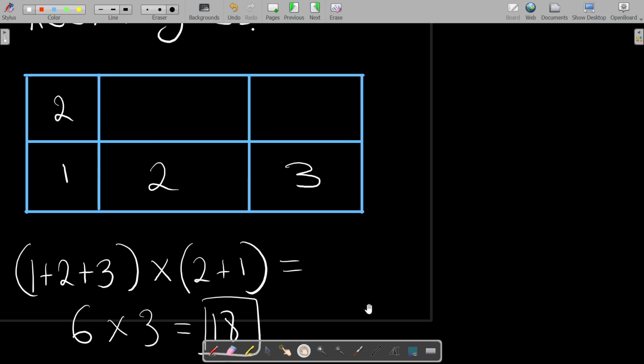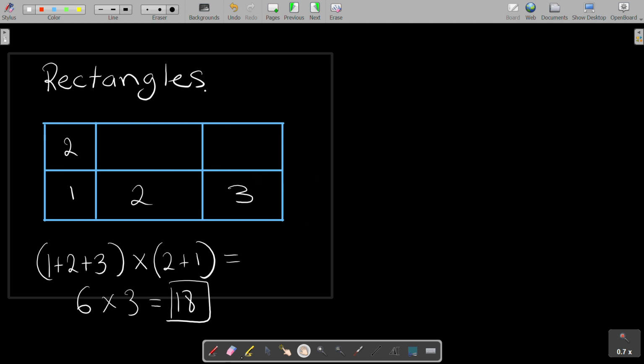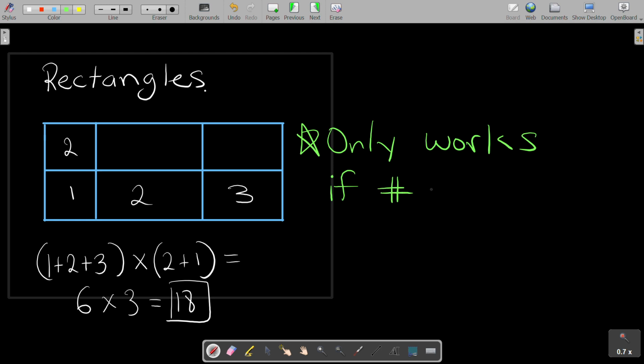So let's write another important thing. So the important thing to remember in this one is, let me do it in a different color. Only works if number of columns is not equal to number of rows. Okay, so let me go over this again.